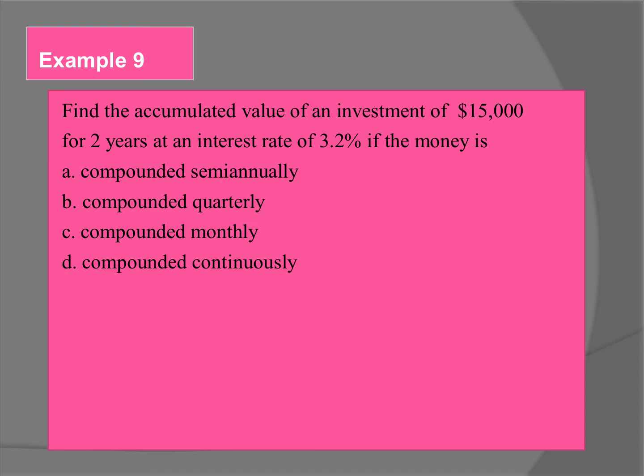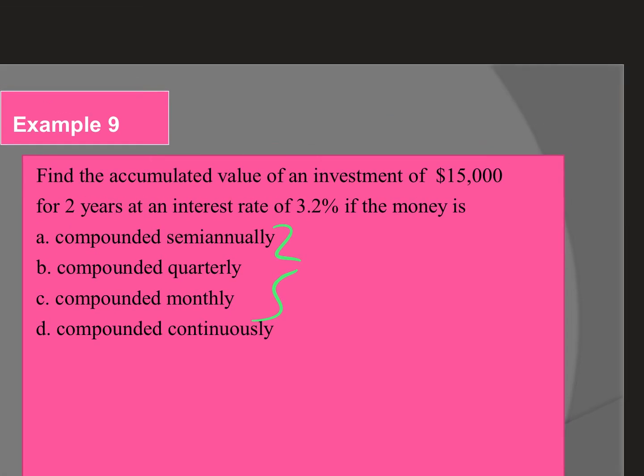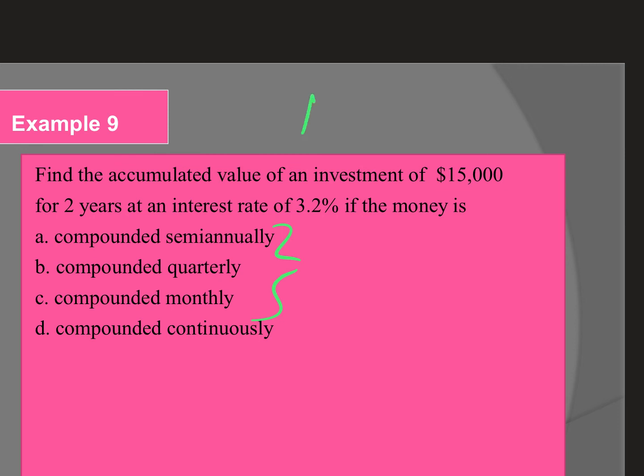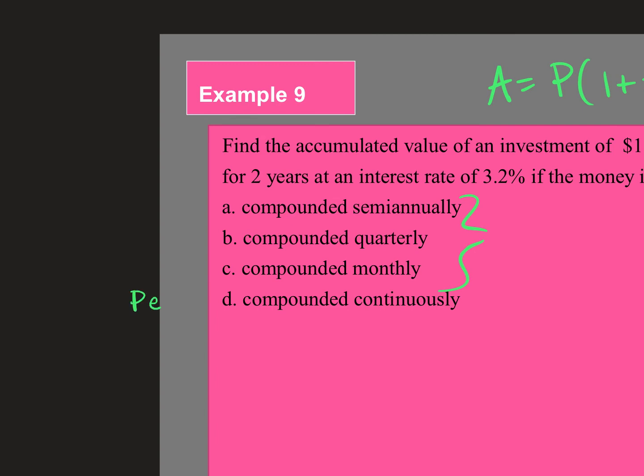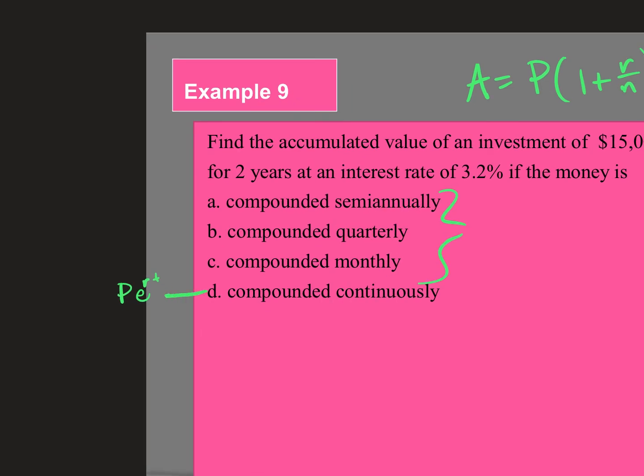So for the first 3, we're going to use our first formula, which is A = P times 1 plus R over N, to the power of NT. And then the last one, that's when we use our PERT formula. P times E to the power of RT. So that's just the last one.